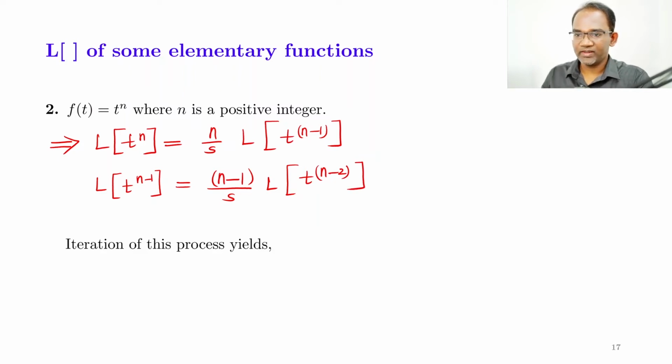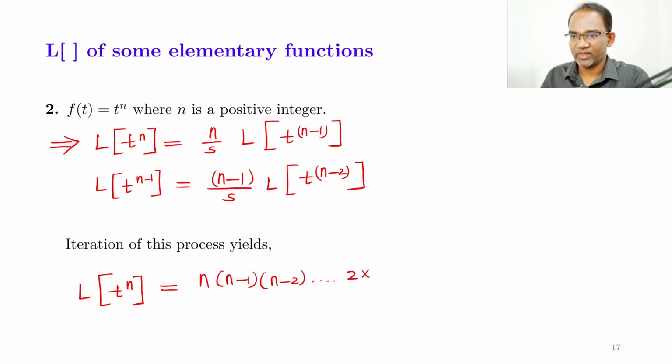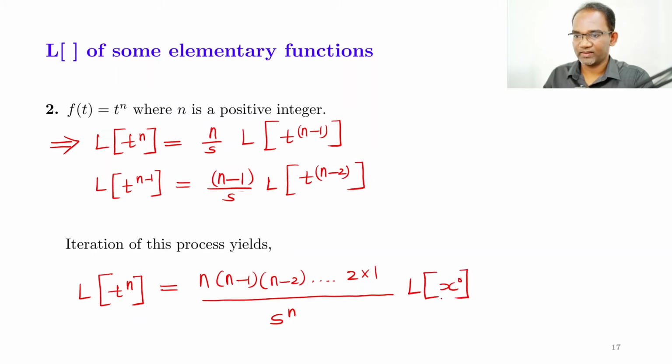When we iterate this process, we get the Laplace transform of t power n equal to n times n minus 1 times n minus 2, finally 2 multiplied by 1, over s power n, then the Laplace transform of t power 0.